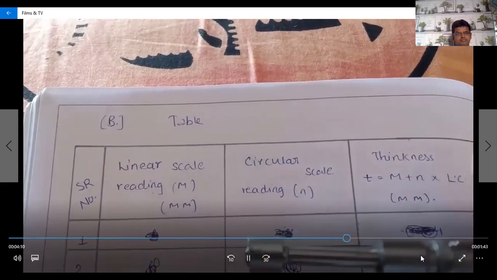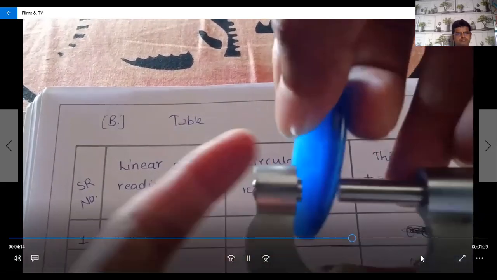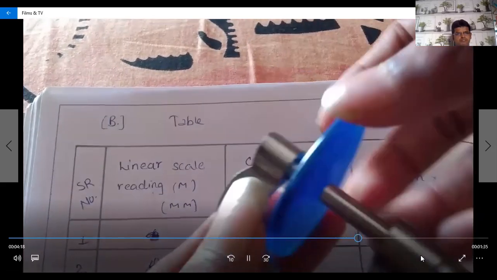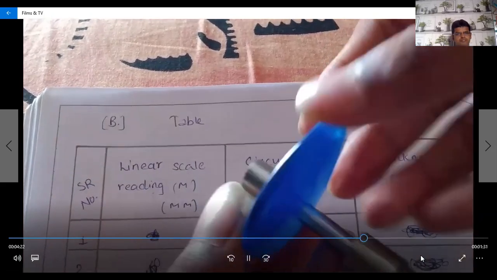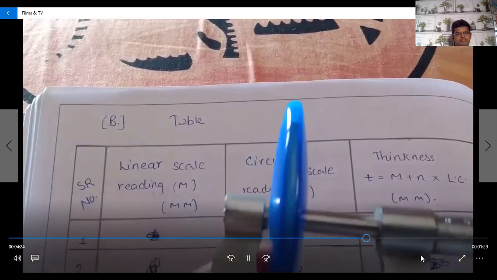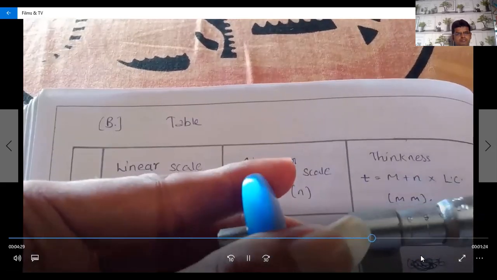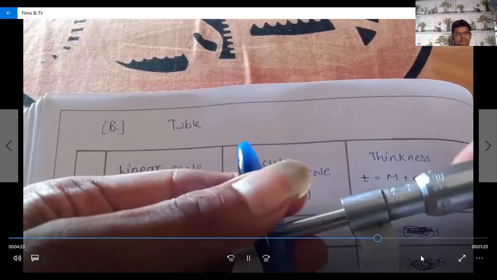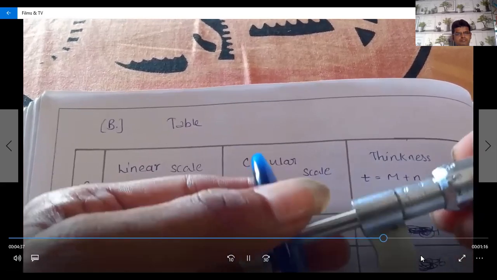So same method. Now we open here and put this plate between the two surfaces, on any one side, suppose the upper, middle or lower, whenever you decide. Again we put it here between the two surfaces.